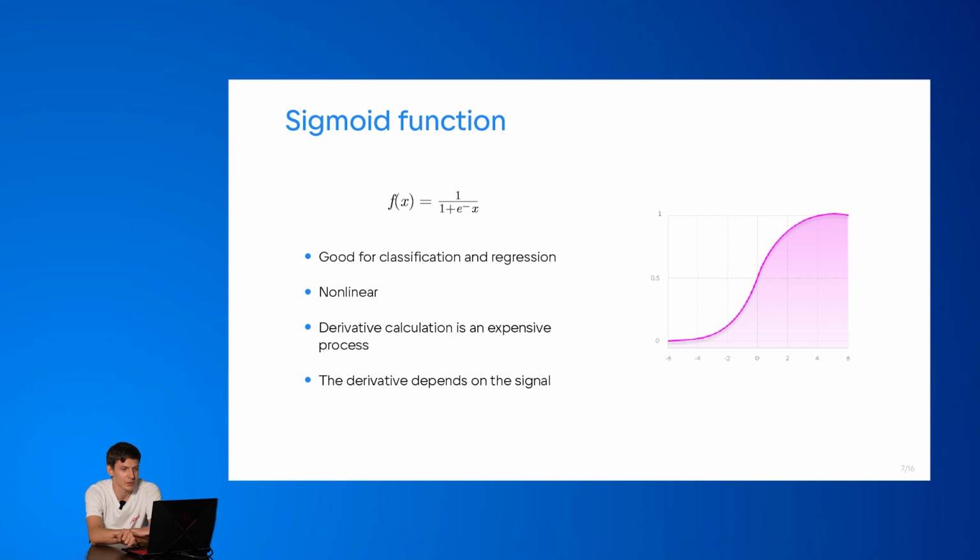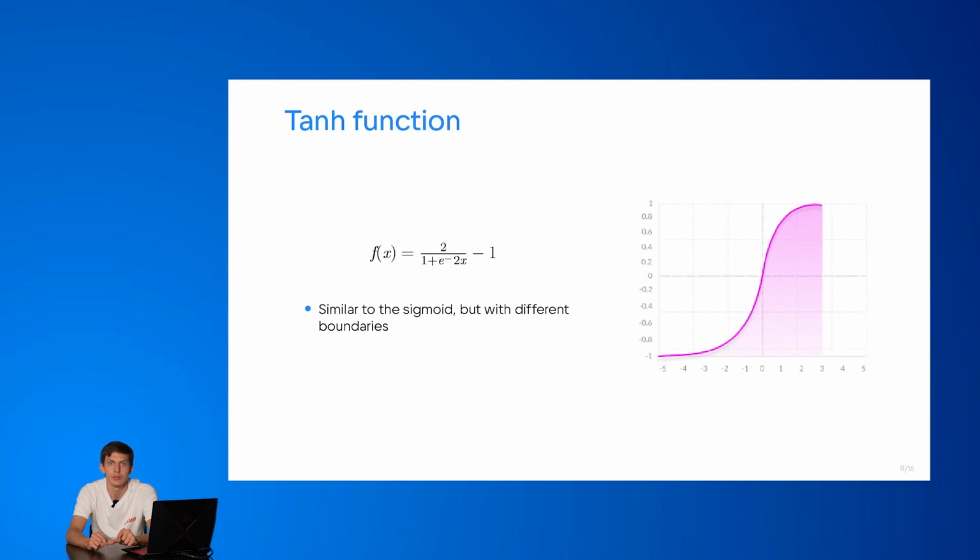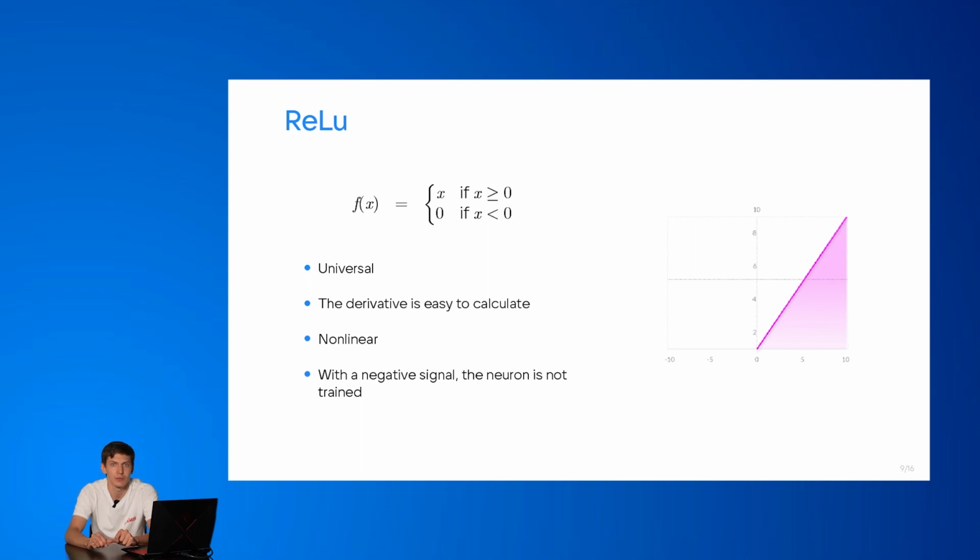There is an analog to the sigmoid function, but with different boundaries. It is the tanh function that returns values from -1 to 1. These types of activation functions are really useful, especially the sigmoid function. But troubles with calculating derivatives lead us to the next type, the ReLU function.